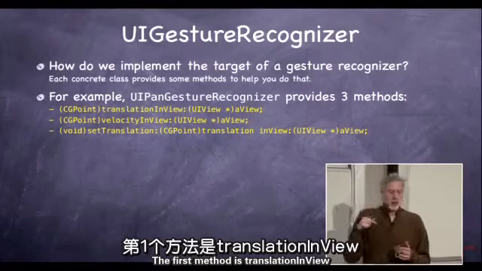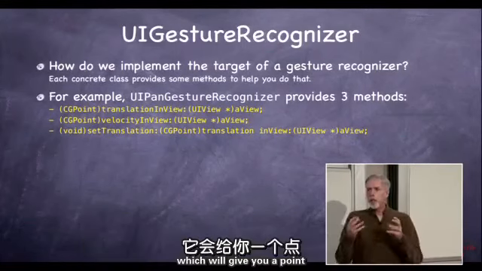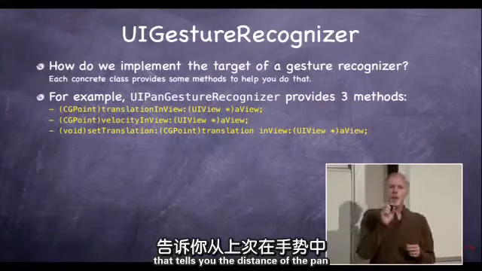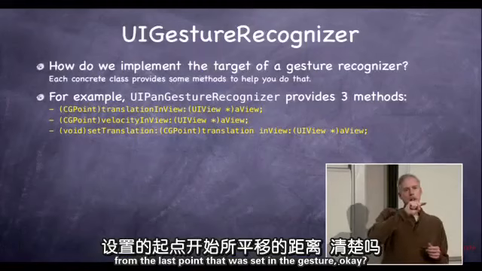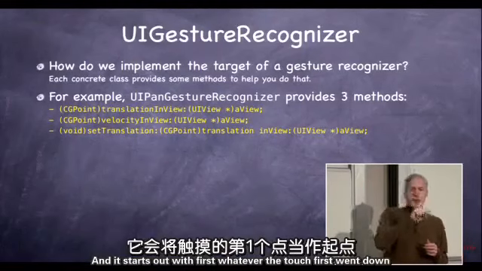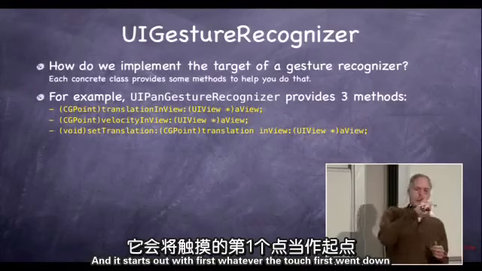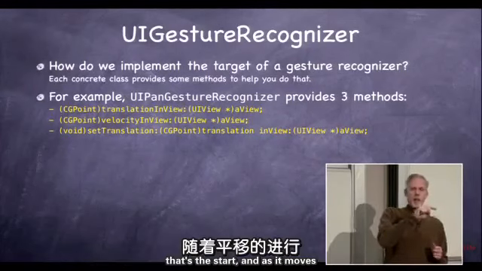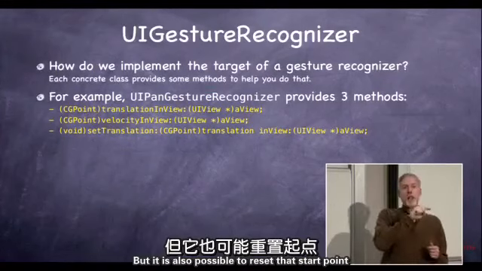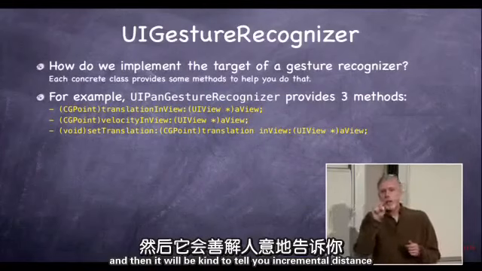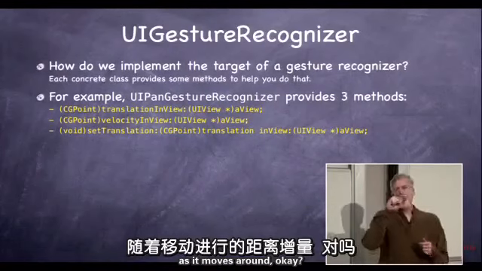The first method is translation in view, which will give you a point that tells you the distance of the pan from the last point that was set in the gesture. It starts out wherever the touch first went down, that's the start. And as it moves, it'll tell you the distance from that point, but it's also possible to reset that start point. And then it'll tell you incremental distance as it moves around.